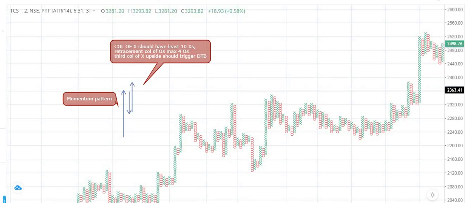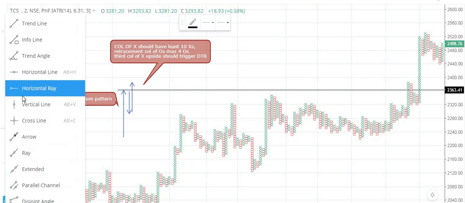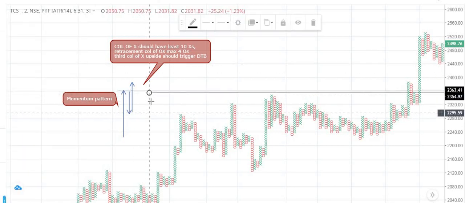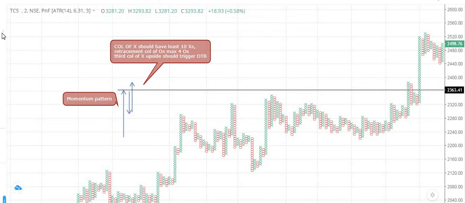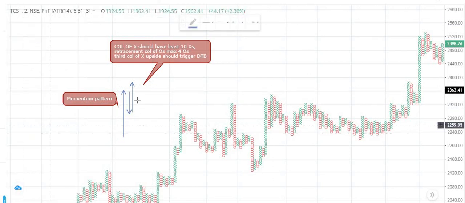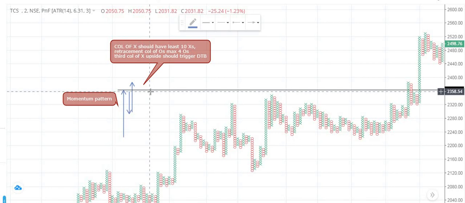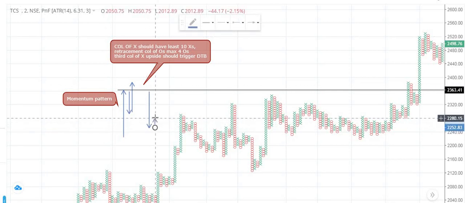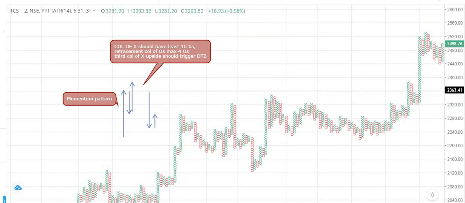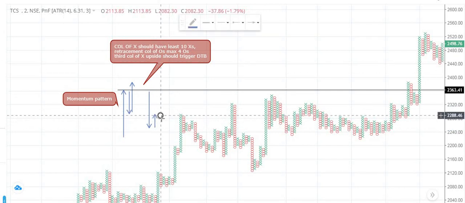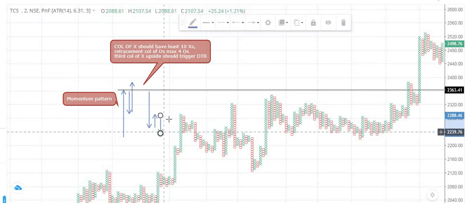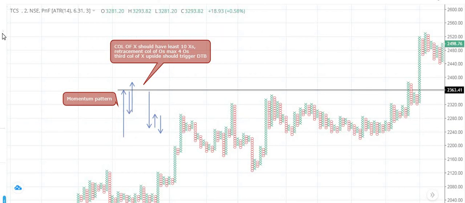And for the bearish counterpart of this, same thing: down minimum 10, up maximum 4, double bottom sell, right?